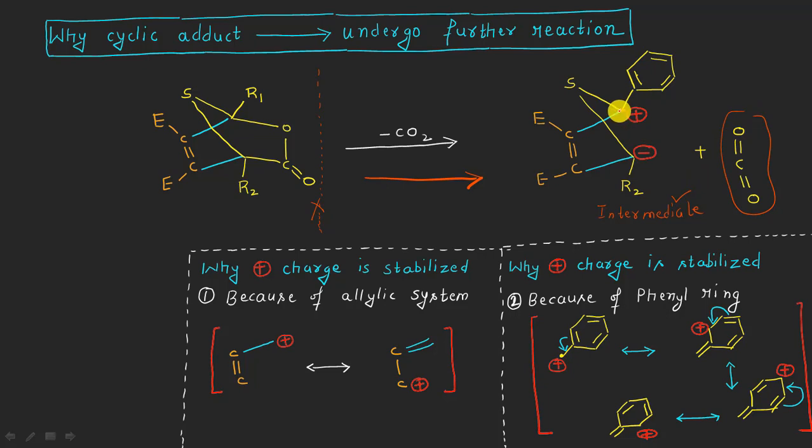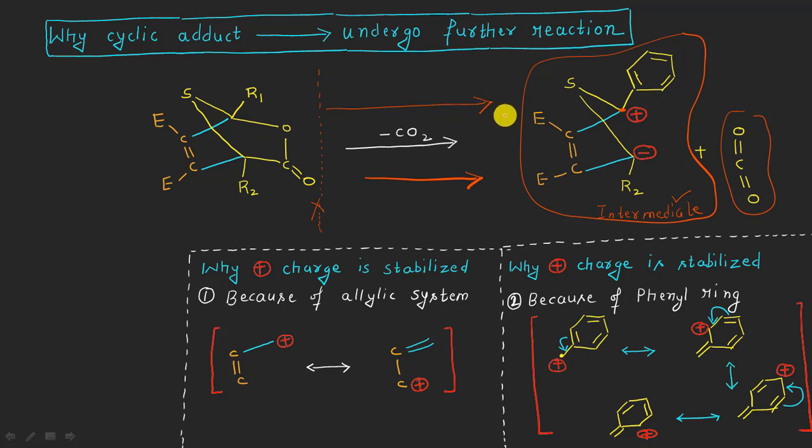So this obviously means that whatever structure we have got here, this intermediate, is actually stable, right? The positive charge is stabilized by some effects here, and this is the reason why this reaction is going towards a more stable type of structure, right?